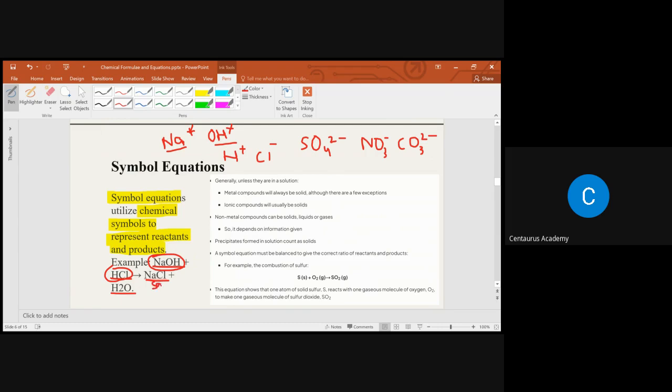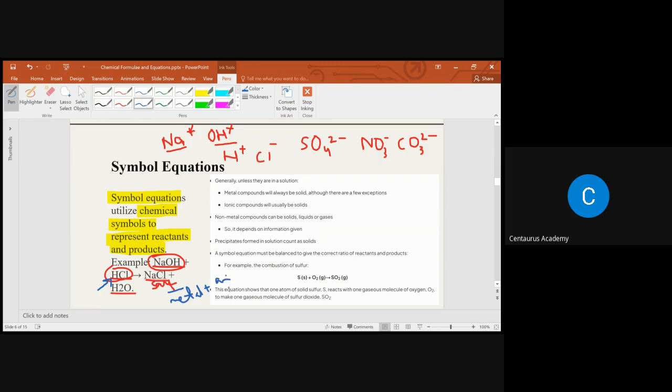Now, if you look at the definition, a salt is formed when the hydrogen in the acid molecule is replaced by a metal cation. So the formula of a salt involves two parts: one part has to be the metal, the other part has to be the anion of the acid.